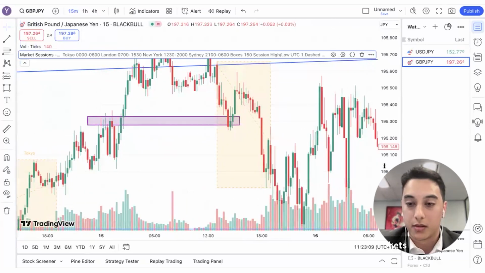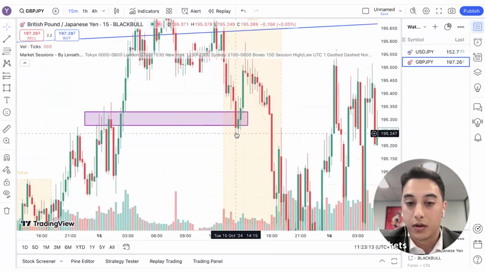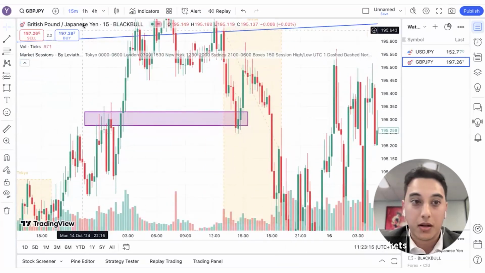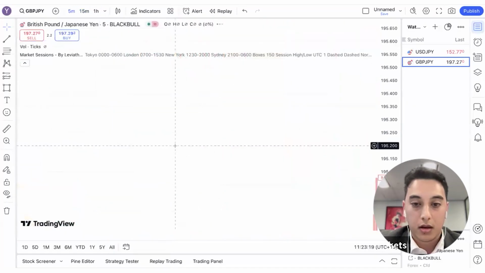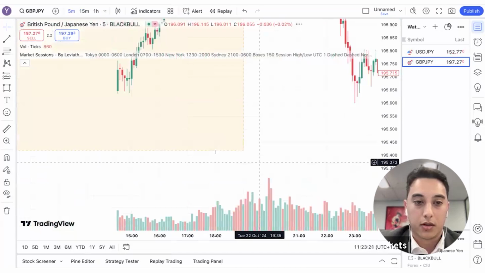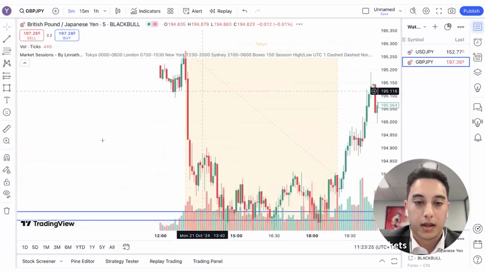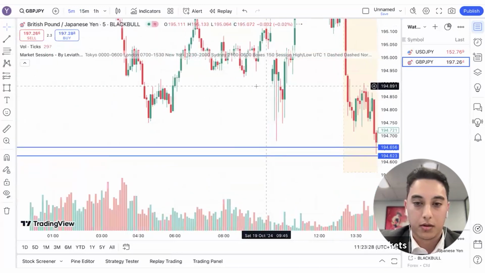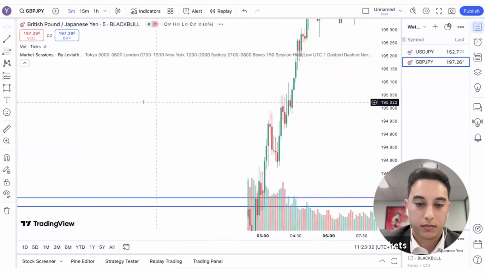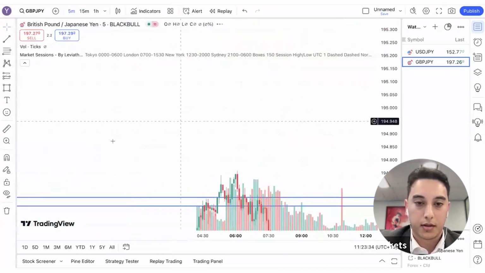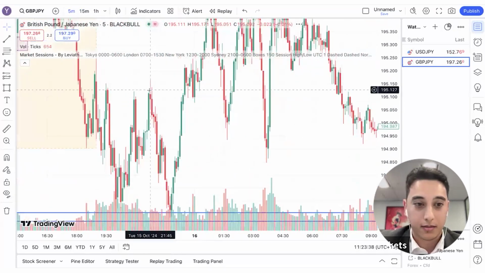So of course, it's important to know your candlesticks. Even though on the 15-minute it's not so obvious, on the 5-minute you'll see that the two candles touch twice.